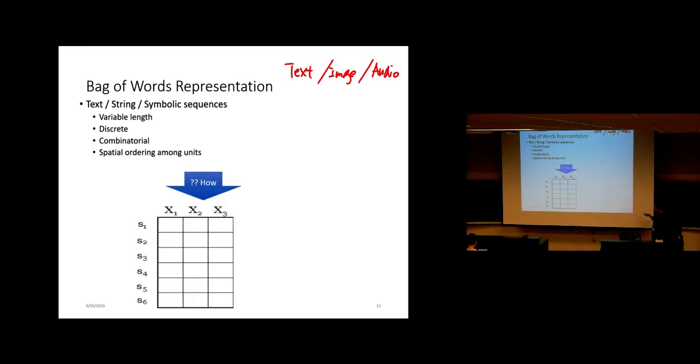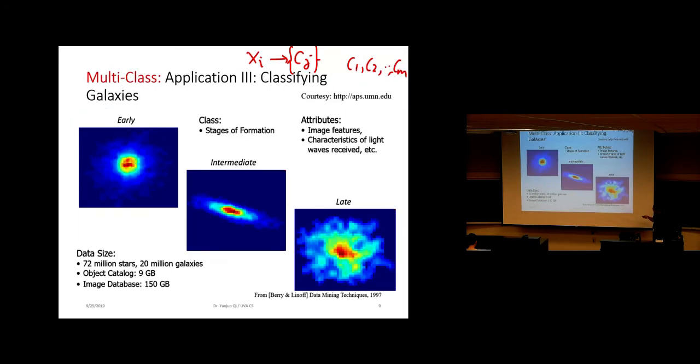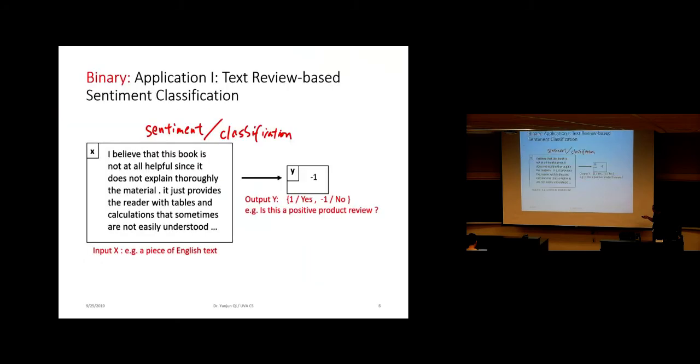So what I'm going to introduce is the most classic way to handle variable length. It's called the bag-of-words representation. When you have a piece of text like this, how do you convert it into a row in our matrix form?